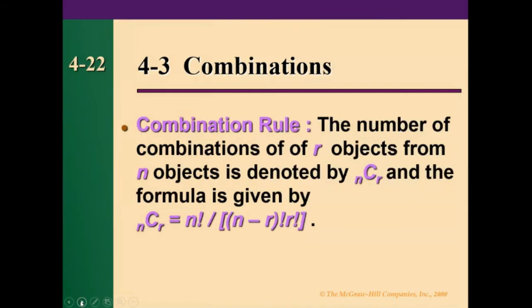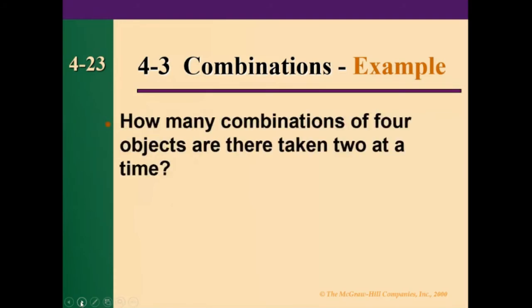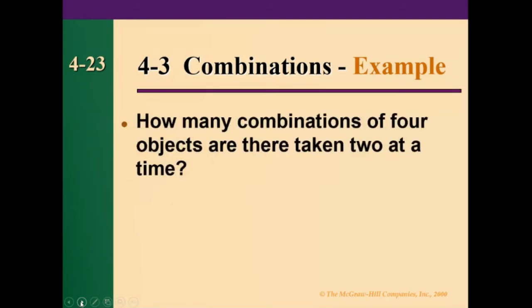So the combination rule: the number of combinations of r objects from n objects is denoted by nCr, and the formula is given by nCr equals n factorial over n minus r factorial times r factorial. Okay? So, for example, how many combinations of 4 objects are taken 2 at a time?